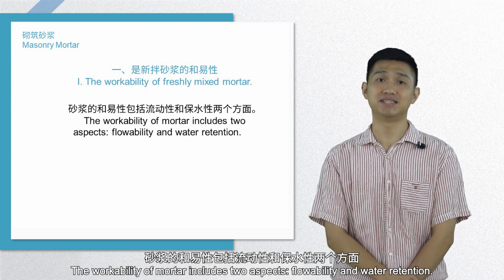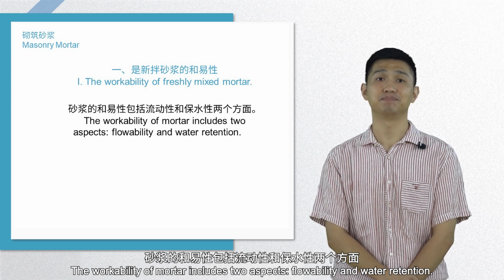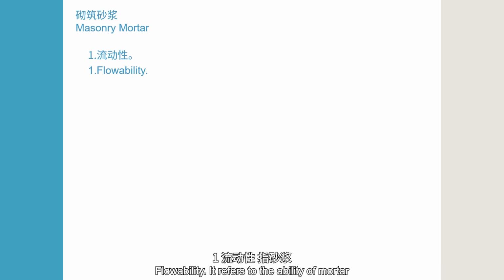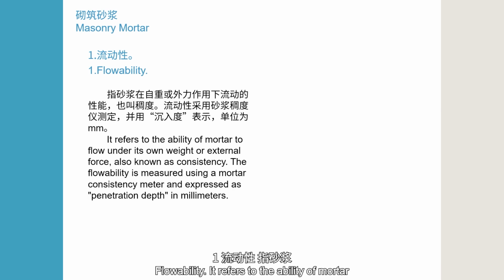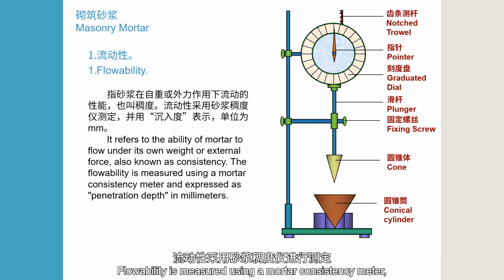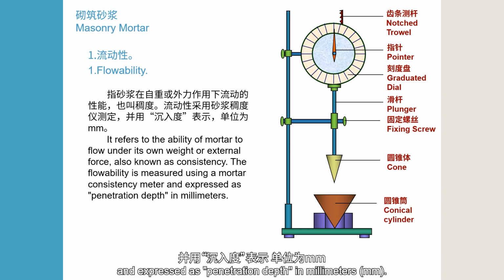The workability of mortar includes two aspects: flowability and water retention. Flowability refers to the ability of mortar to flow under its own weight or external force, also known as consistency. Flowability is measured using a mortar consistency meter and expressed as penetration depth in millimeters, mm.